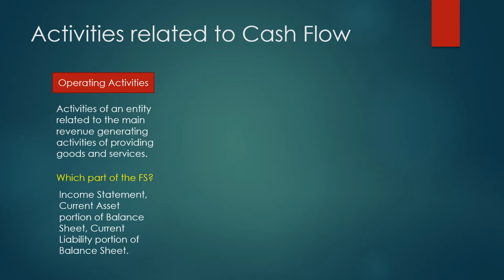So, ano ba yung mga nasa current asset portion ng balance sheet? Unang-una, accounts receivable, di ba? Inventory. Accounts receivable, inventory, prepaid expenses. Those are current assets. So, kapag related doon yung mga transaction, those are under operating activities.